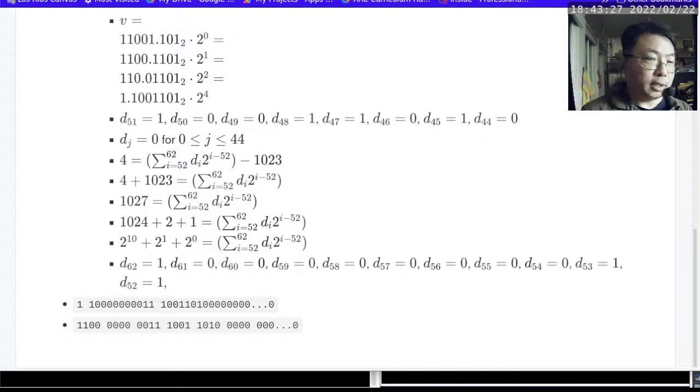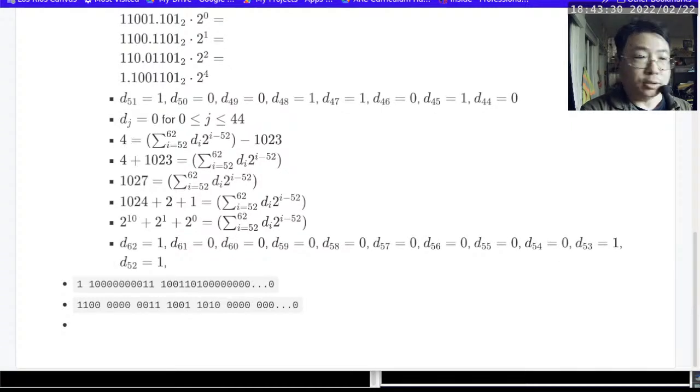We haven't really gotten too much into hexadecimal digits, but I can just say that 1100 is A in hexadecimal, and then 0 is just 0, 0011 is 3, 1001 is 9, and the rest are all zeros. Because one hexadecimal digit corresponds to 4 bits, and we need 64 bits, we need 16 hexadecimal digits. Now we have only 4, so I need 12 zeros after this: 1, 2, 3, 4, 5, 6, 7, 8, 9, 10, 11, 12.